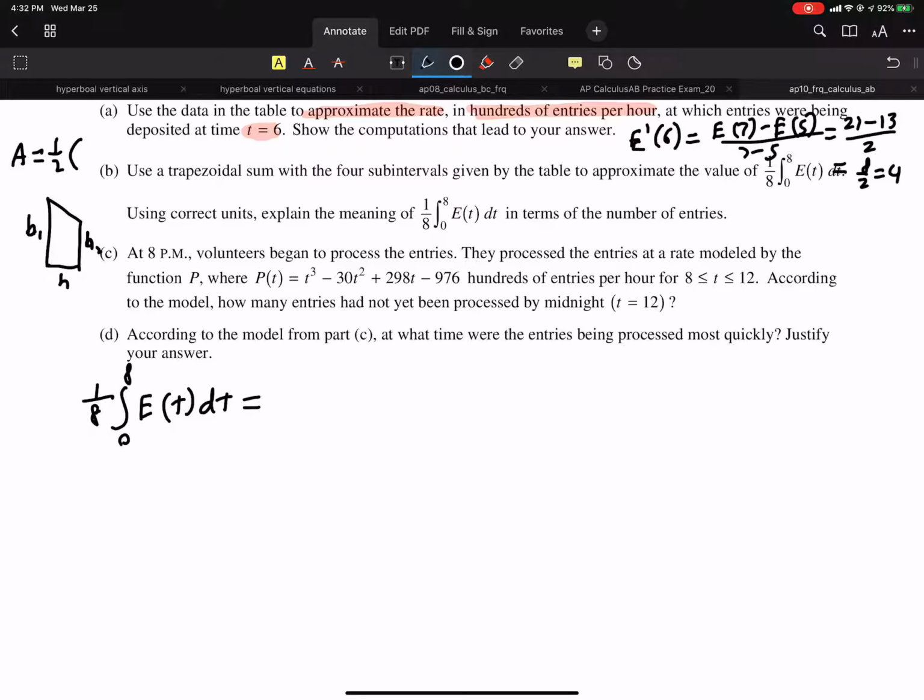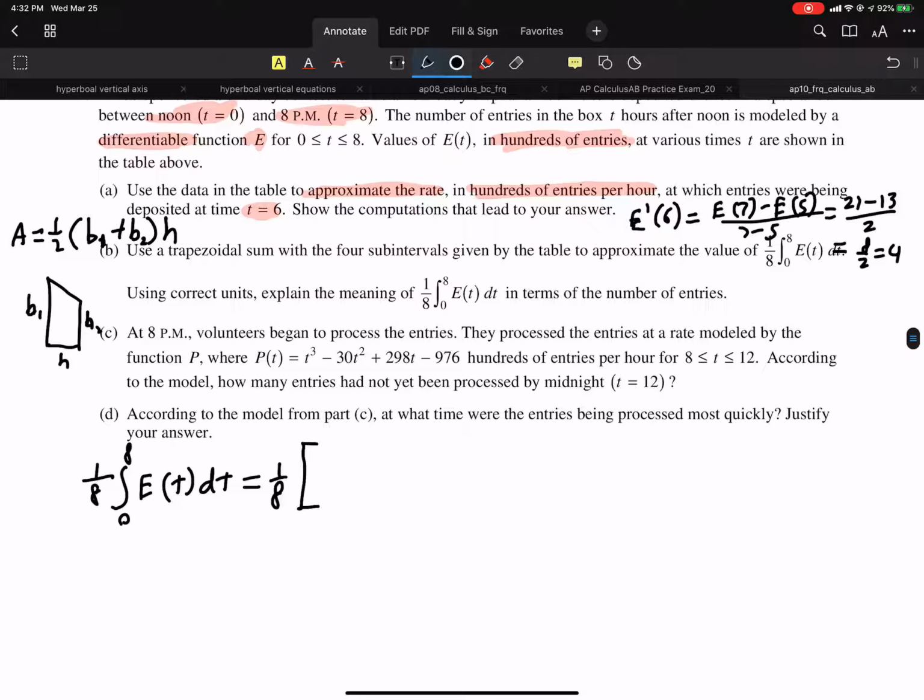Instead of 1/2 base times height, it's 1/2 the sum of the bases times the height. So common mistake, don't forget that 1/8. That's very important because you'll lose that point.